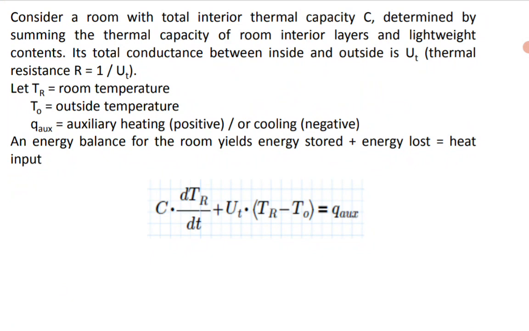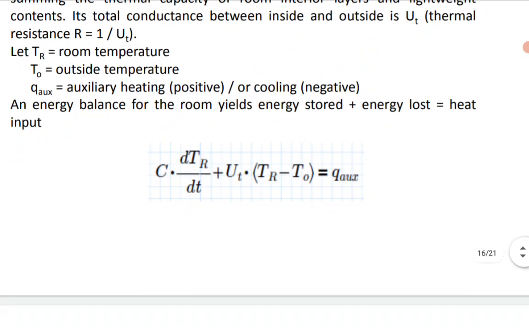It yields energy stored plus energy lost is equal to heat input, that is C into dTr by dt plus UT into (Tr minus T0) is equal to Q auxiliary, that is auxiliary heating, Q aux.